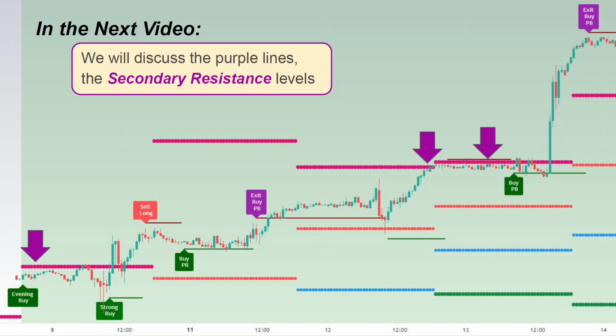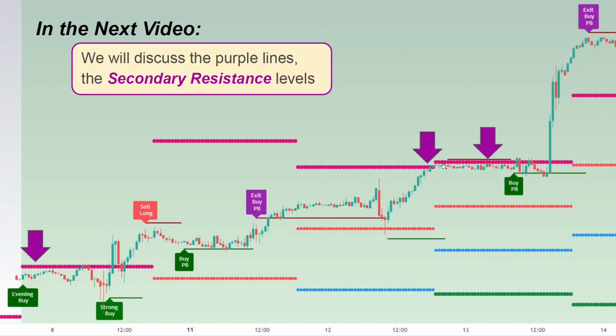You've heard that old adage. Those purple resistance lines become your profit targets, and you see price retested the red line and pushed up right to that secondary resistance level, the purple line, and that was a great spot to close your long position.